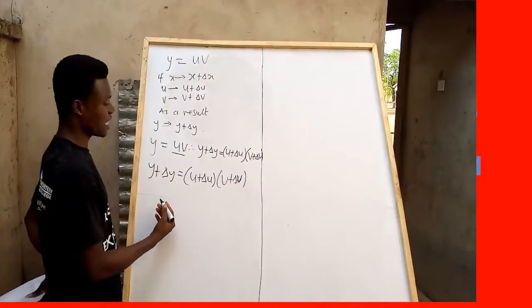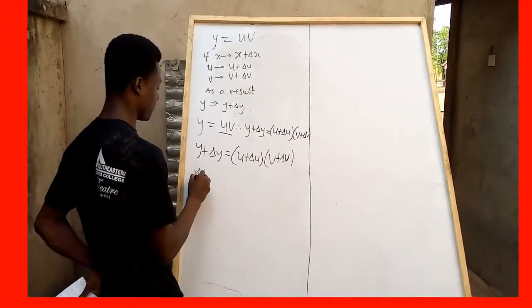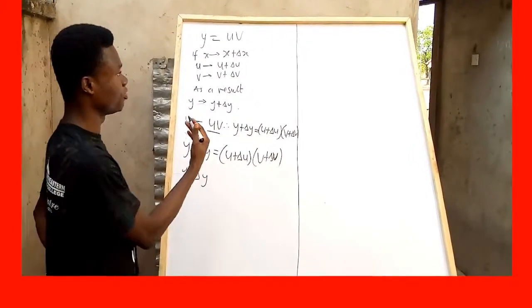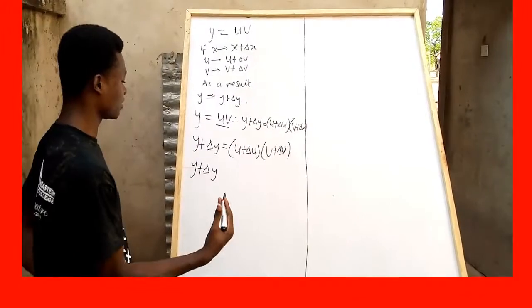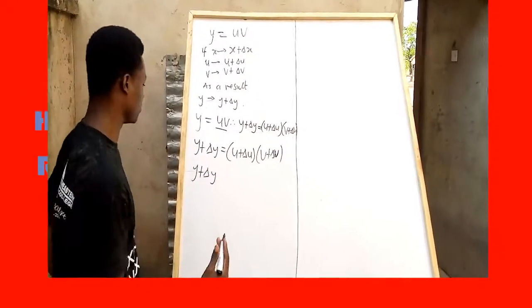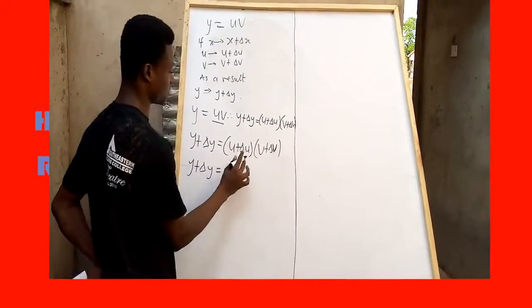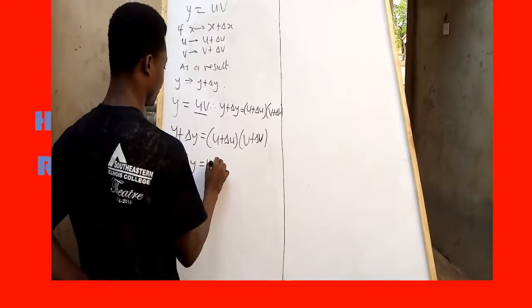So with this, I just have to expand this expression. All that I'm doing is that we want to prove the product rule. We all know the product rule, but some people don't know how to prove it, so we want to learn how to prove the product rule. So now y plus change in y is equal to, let me expand this, u multiplied by v gives uv.